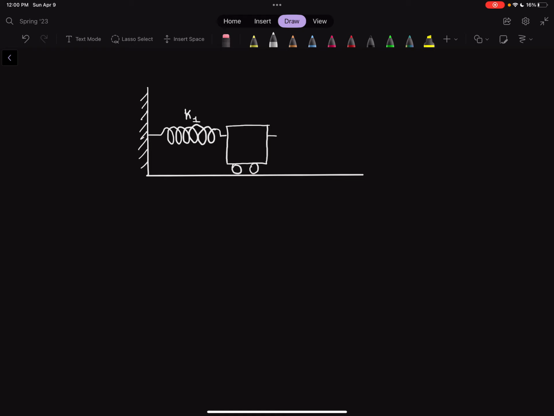And let's say that we have another one connected to this first mass. So I'll call this M1. And we have another mass here. Let me make the floor longer, like that. And this also has wheels, so that it's frictionless.